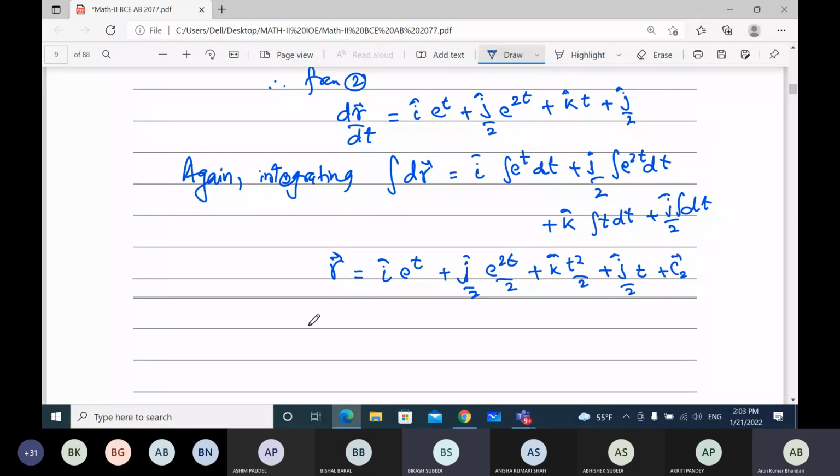And given r is equal to 0 when t is equal to 0.